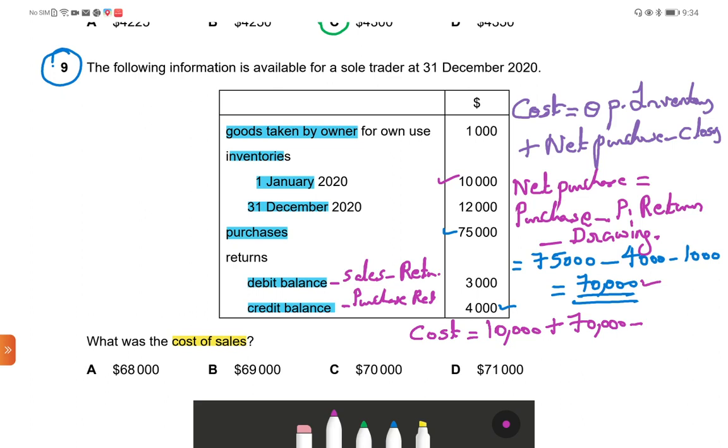Closing inventory is 12,000. How much does it come to? 10 plus 70 is 80, 80 minus 12 is 68,000. So the correct answer is 68,000. So option A is the correct answer.